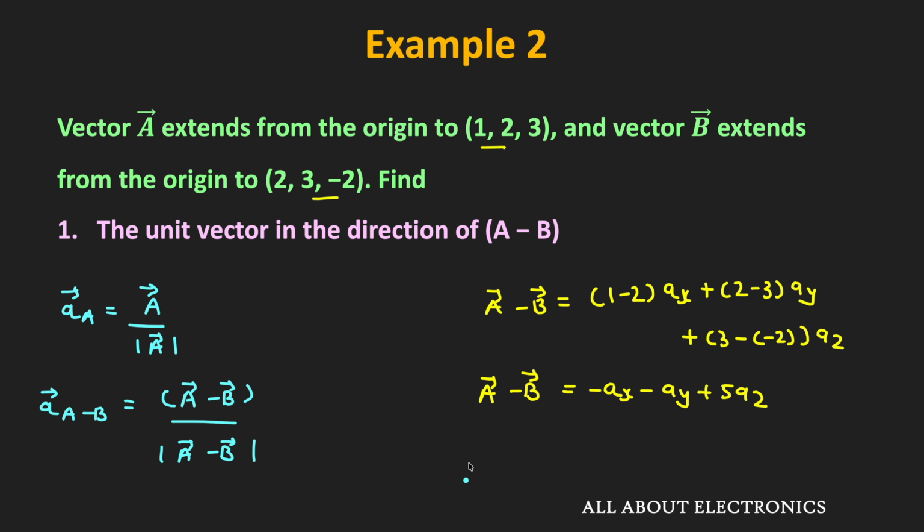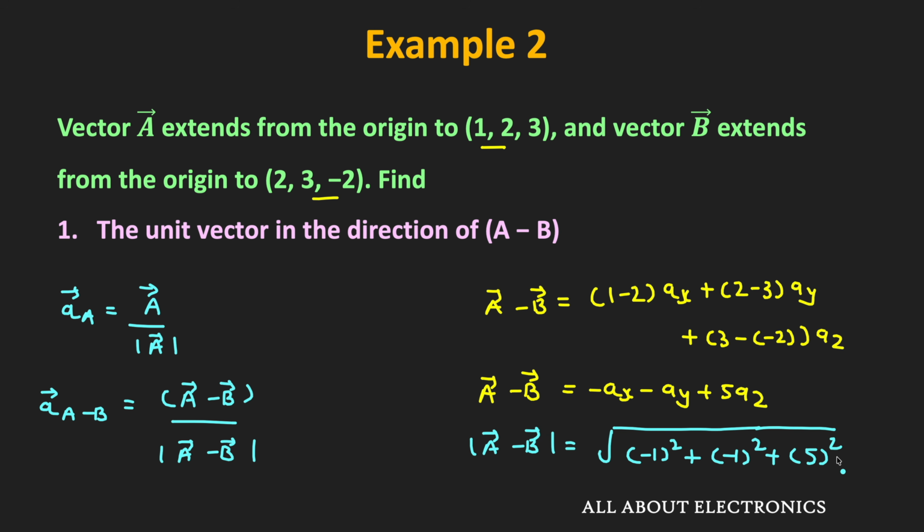So for that, first we need to find the magnitude of this vector A minus B. It can be given as the square root of ax squared, that is (minus 1) whole square, plus ay squared, that is (minus 1) whole square, plus az squared, that is 5 whole square.